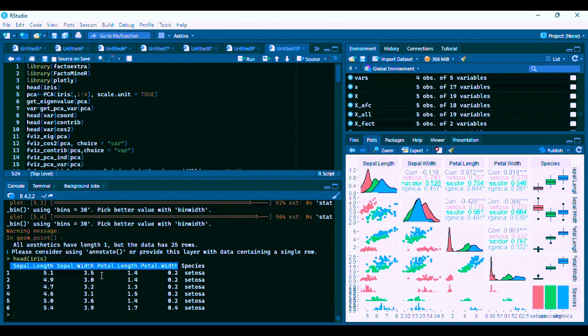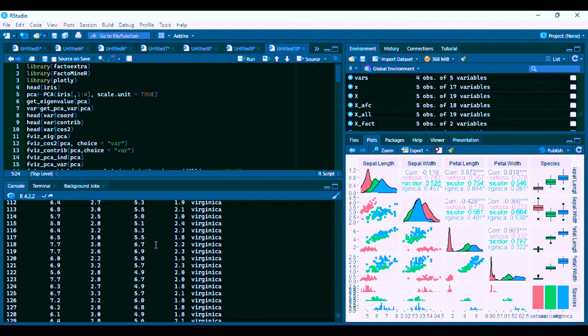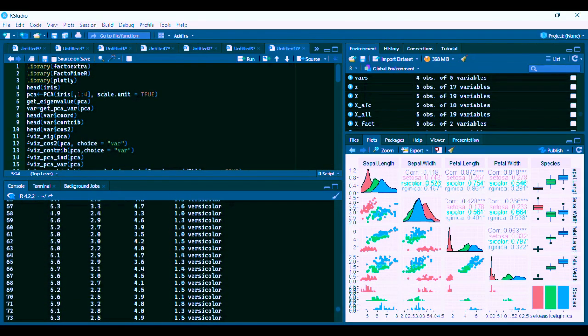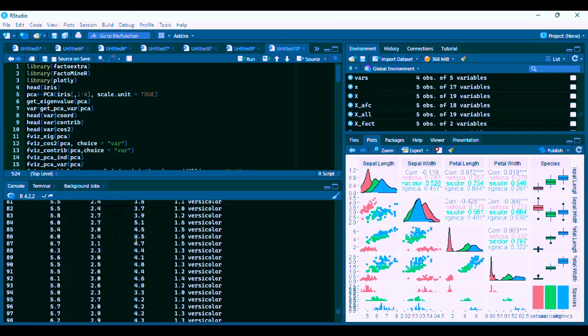In simple terms, PCA helps us to understand how we can describe most of the information of, for example, iris here, to explain and to show the most information of this dataset using fewer axes.